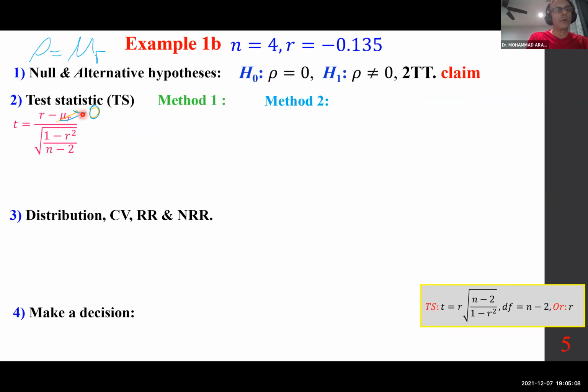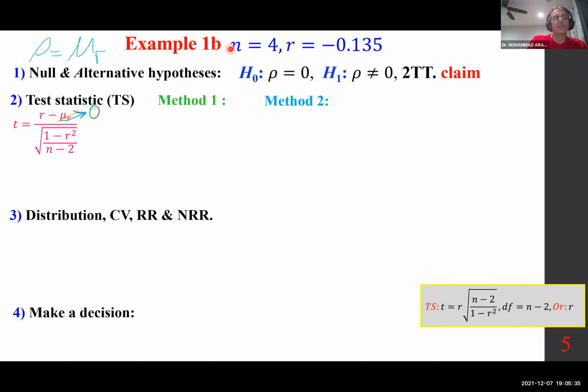You don't even have to write that, just go with r. Now that you have r only, you can flip this over and put n minus 2 at top over 1 minus r squared. Why am I giving you both formulas, which are ultimately the same? Depending on the text, you may come across a different one and you think, oh God, they are different, and they are not.